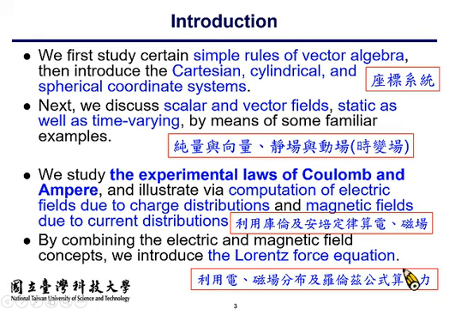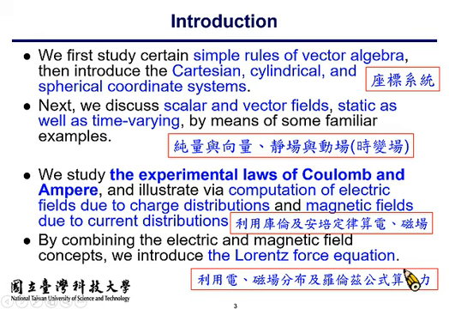in space. And you need to get accustomed to the ideas of scalar fields and vector fields, and the static field and time-variant field. And first of all, we will introduce Coulomb's law and Ampere's law, which are directly associated with the electric field and magnetic field.